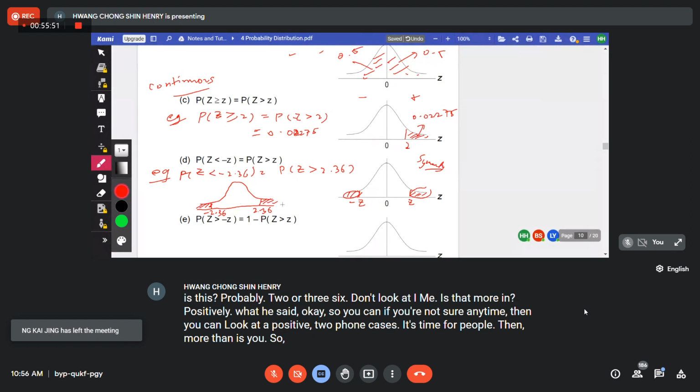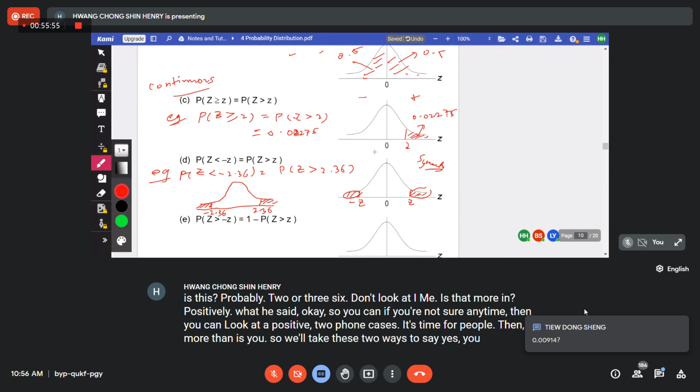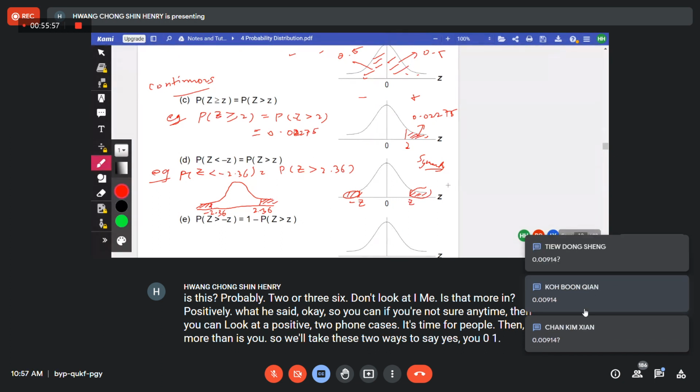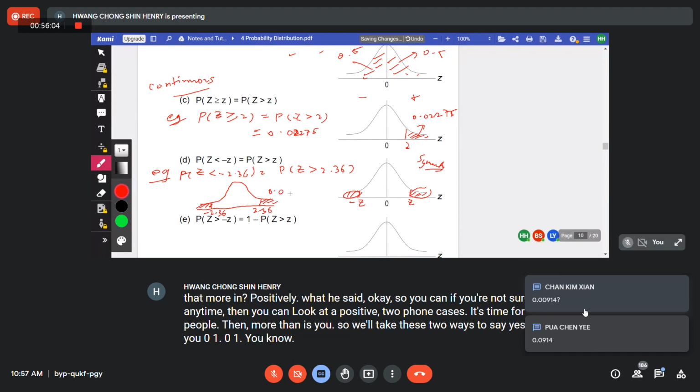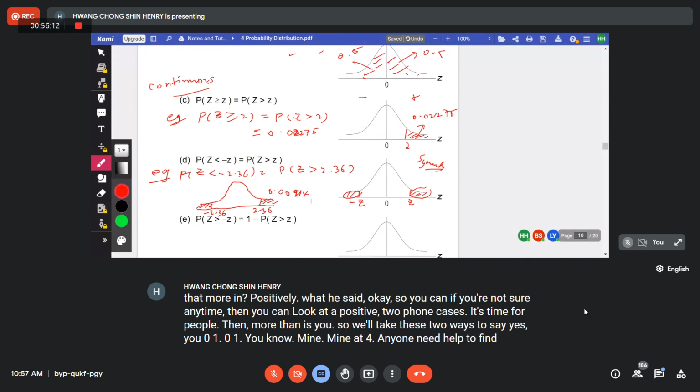So do you think these two values are the same? Yes, symmetry. So can you look at what's the value? 0.0914.